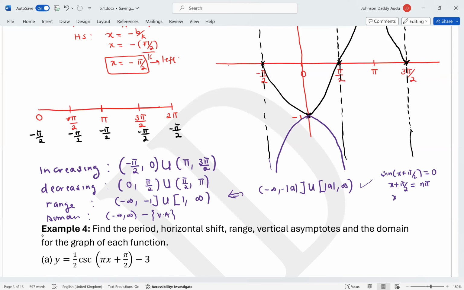So from here we have x is n pi minus pi over 2. And you can let n be an integer. We'll talk more about this later. So this is simply saying minus infinity minus the vertical asymptote. This is the general formula for the vertical asymptote, which will be n pi minus pi over 2 whenever n is an integer.